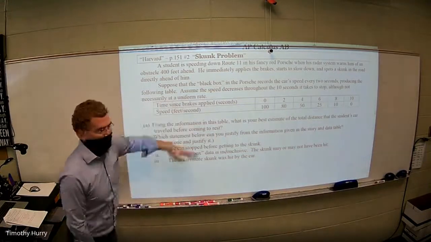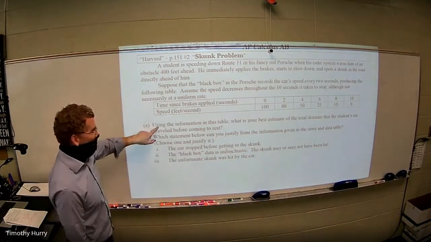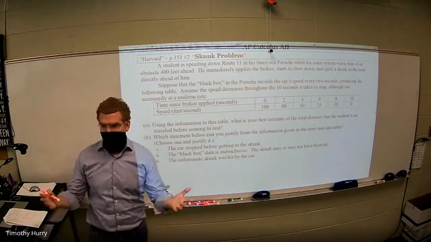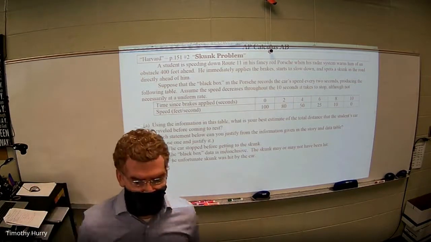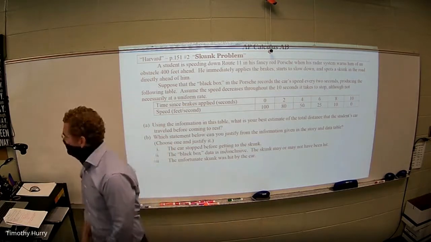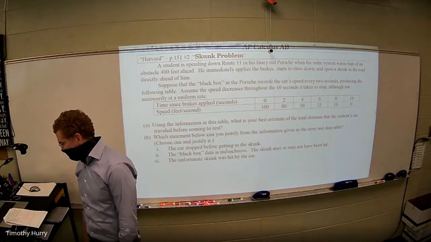So this is speed. So let's look at this. What's your best estimate? Now, what would you use? Which of the estimation methods out there would you use that you think would be the most accurate for this? I don't think I told you to use a particular one. Trapezoid?